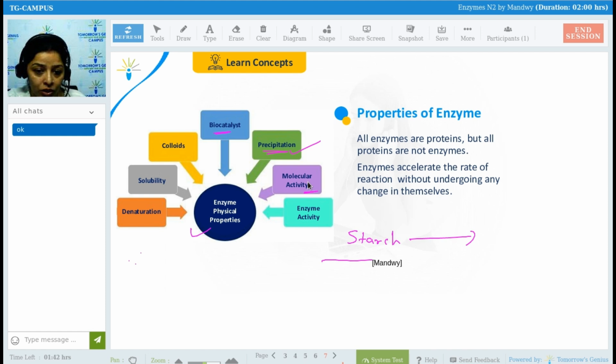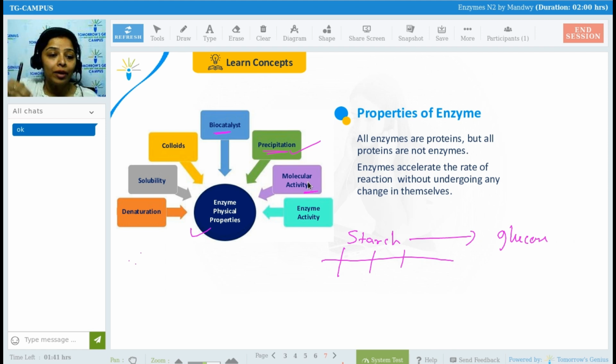The molecular structure of starch, a polymer of glucose, will break and make glucose. So here the enzyme is acting on the molecular structure. It is showing molecular activity. It does not change the conformation or the morphology. Are you getting me? Yes, ma'am. Enzyme activity. What is enzyme activity?